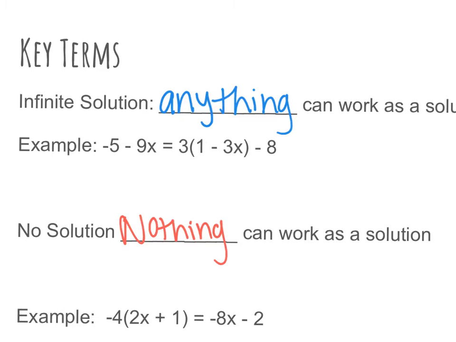So spoiler alert, this is going to be our example of an infinite solution problem. We're going to solve it like we normally would. So first we're going to distribute, and we're going to drop everything else down. So 3 times 1 is 3, minus 3 times 3x is 9x.